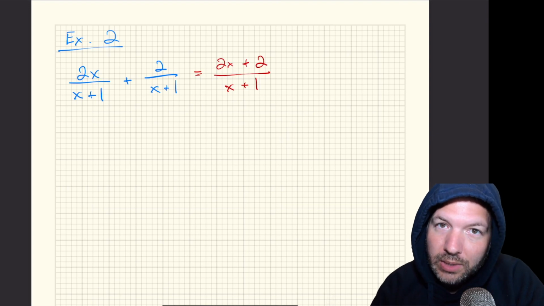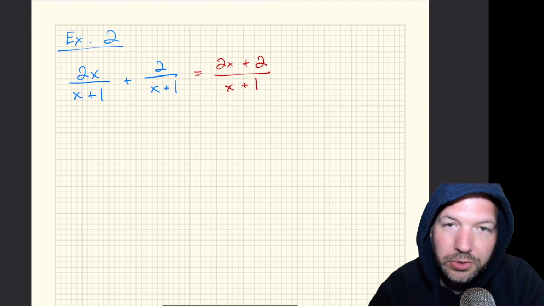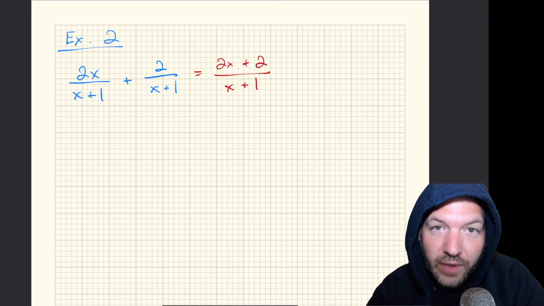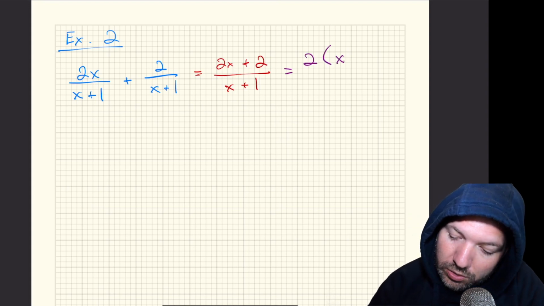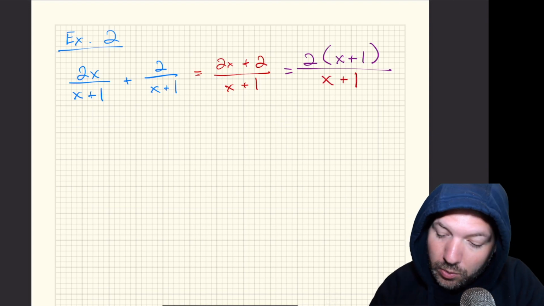However, in this case, I'm not done because I should notice, wait a second, 2x and 2, although they were not like terms, do have a common factor. And so I can factor that out via the distributive property to say, oh, that's the same as 2 times the quantity x plus 1.